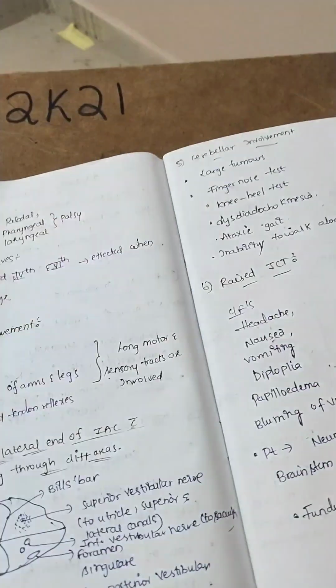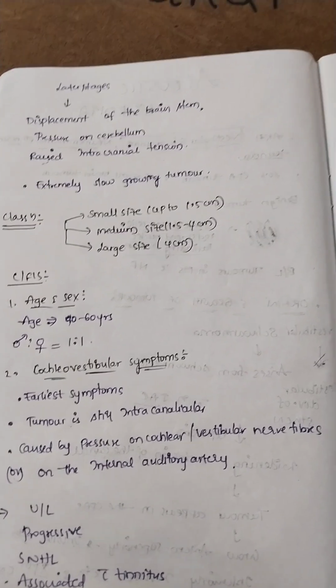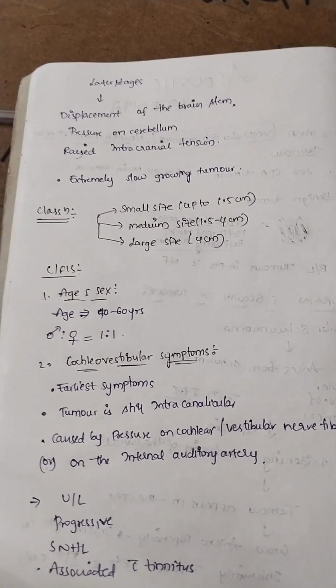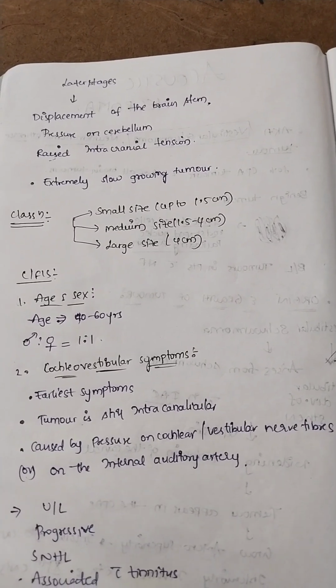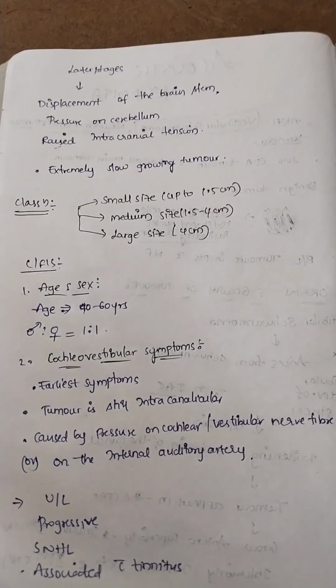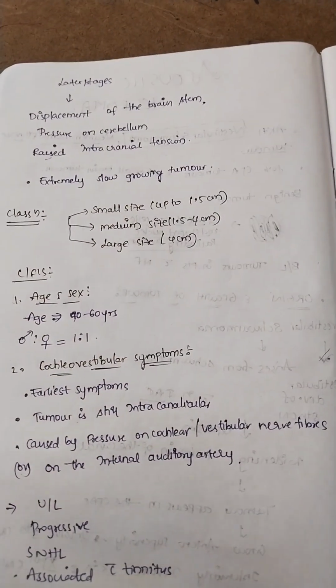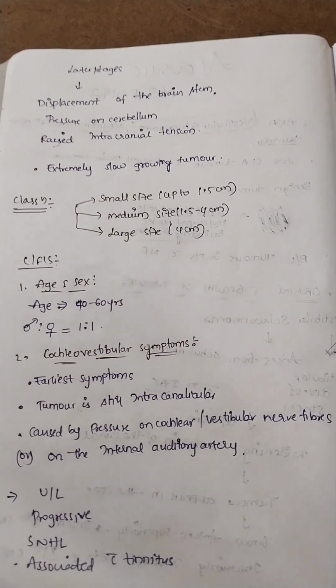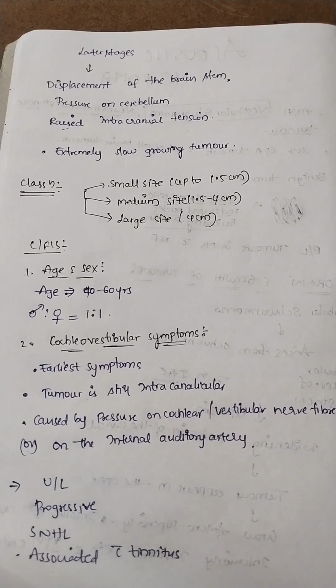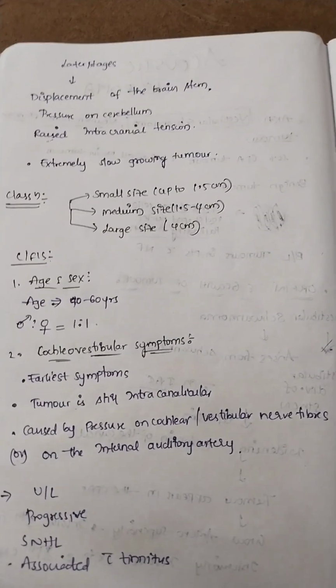So if the tumor is intracanalicular, it is caused by pressure on the cochlear or vestibular nerve fibers, and on the internal auditory artery also some pressure will be exerted because of the tumor. Due to this, the earliest symptoms will develop, like tinnitus, sudden hearing loss, okay, vertigo, those symptoms.